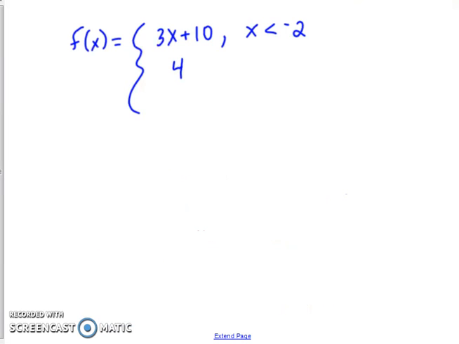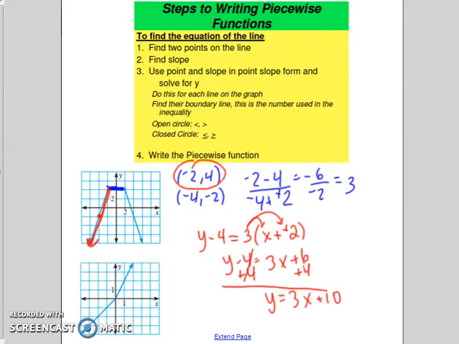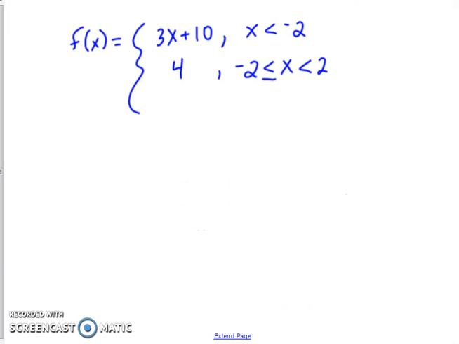Since it didn't include the -2 in the previous function, I'm going to include it here. So -2 is less than or equal to x, which is less than 2. Is that what I said? Yeah. Again, that 2, at some point it's going to be included. So you can include it here, or you can include it in the next one.